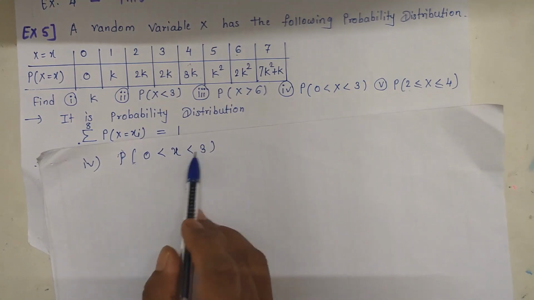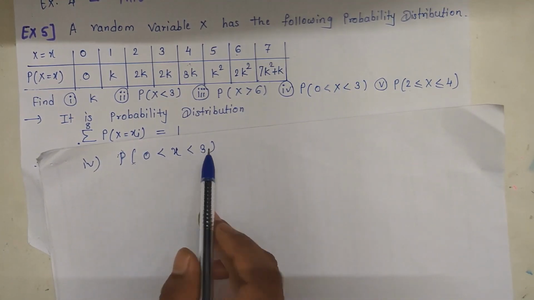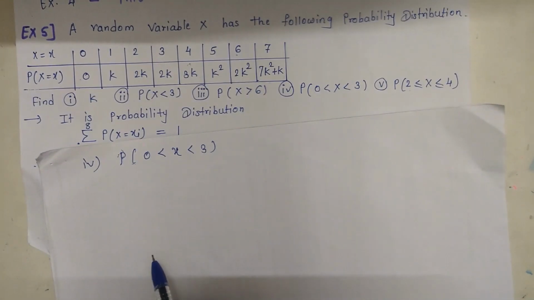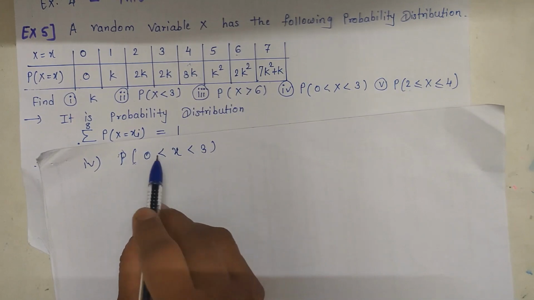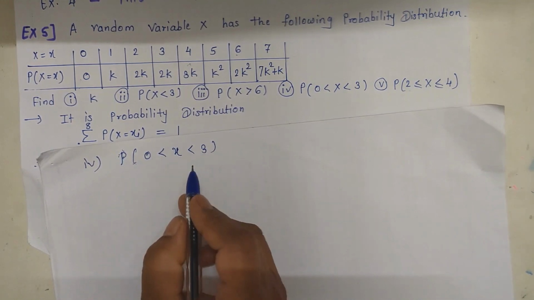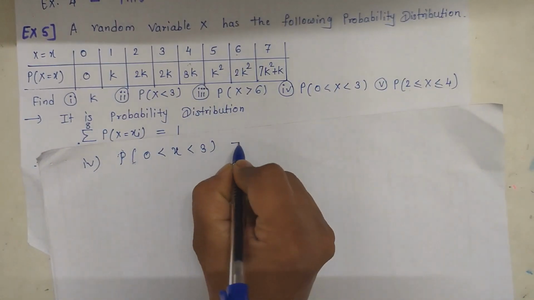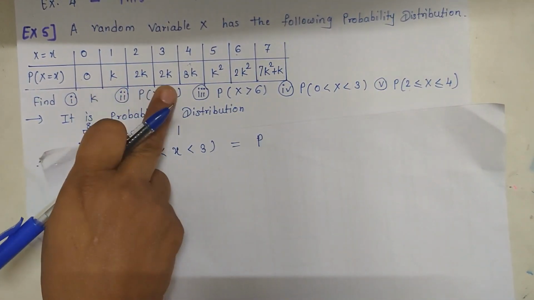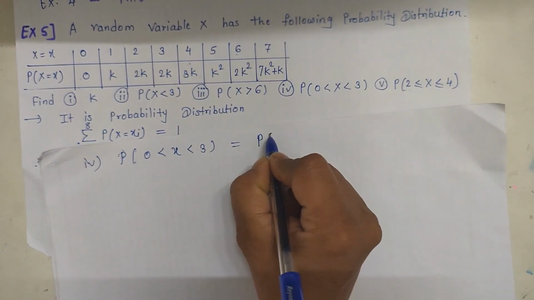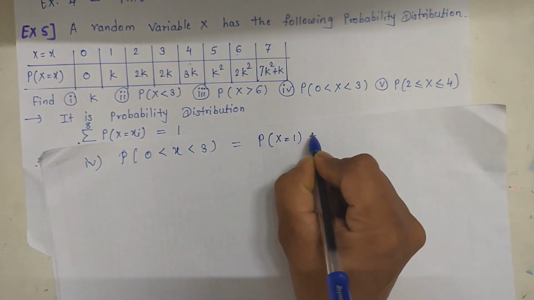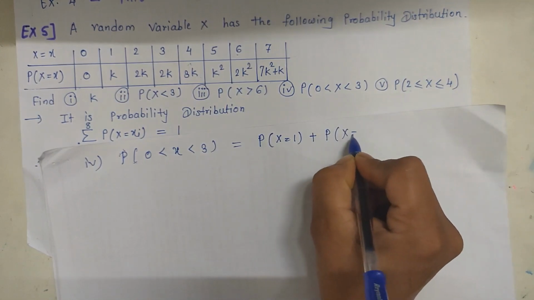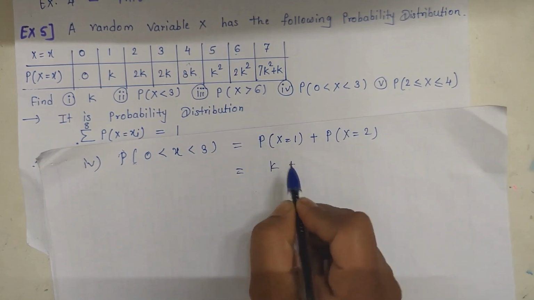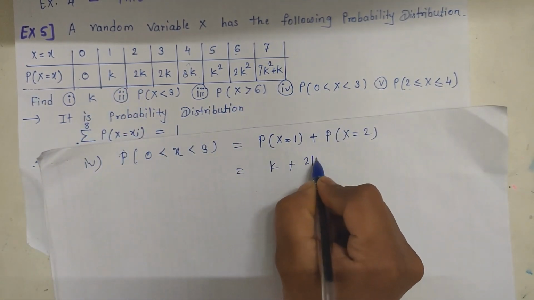Now here the possible values of x which lie between 0 to 3 are 1 and 2. So here write the addition of all probabilities which lie between 0 to 3: probability for x is equal to 1 plus probability of x is equal to 2, and the value for x is equal to 1 is k plus for x is equal to 2 is 2k.